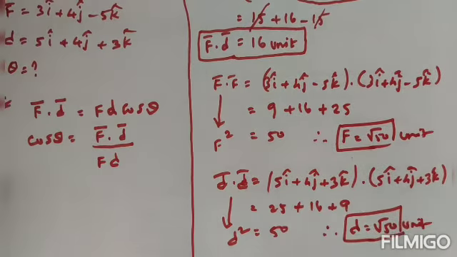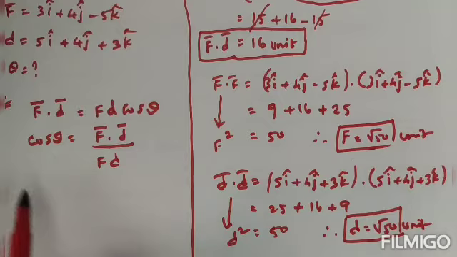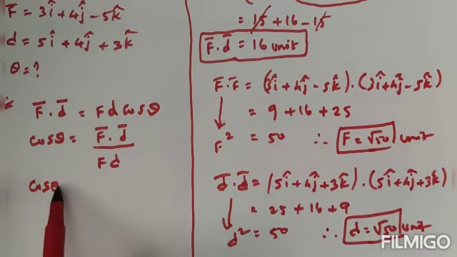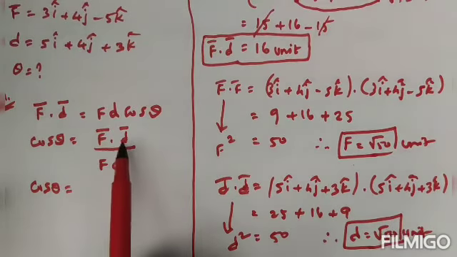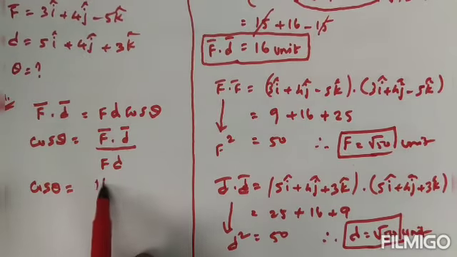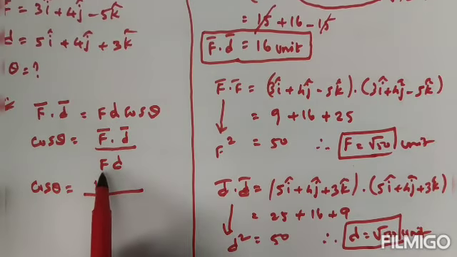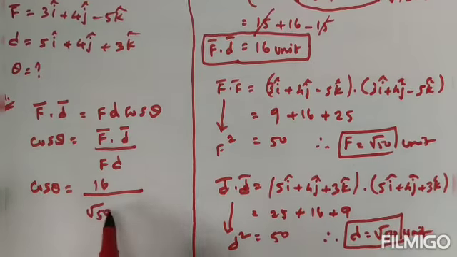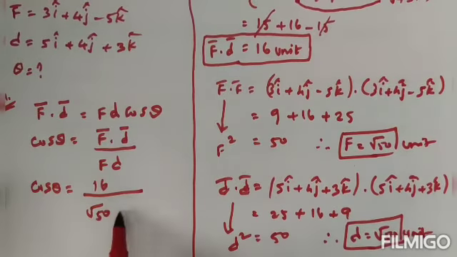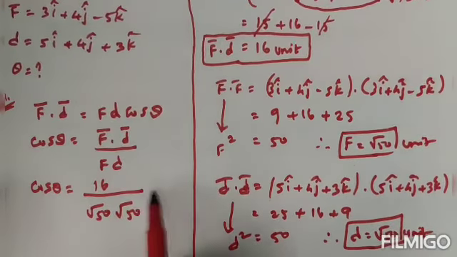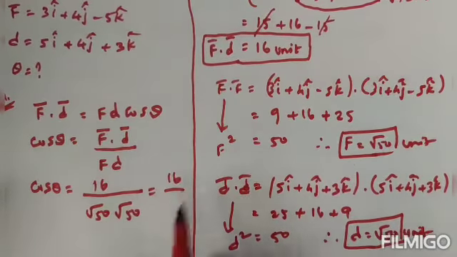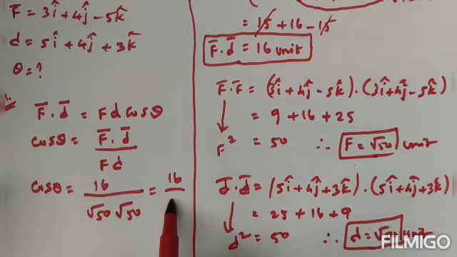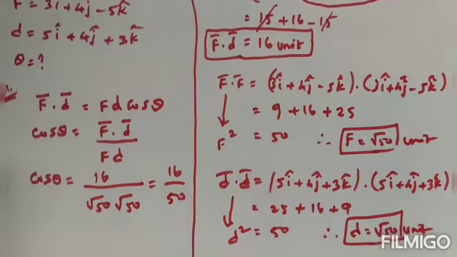Now let's substitute in the cos theta formula. Cos theta is equal to F dot D, which is 16, divided by F, root 50, into D, root 50. Root 50 into root 50 is 50.